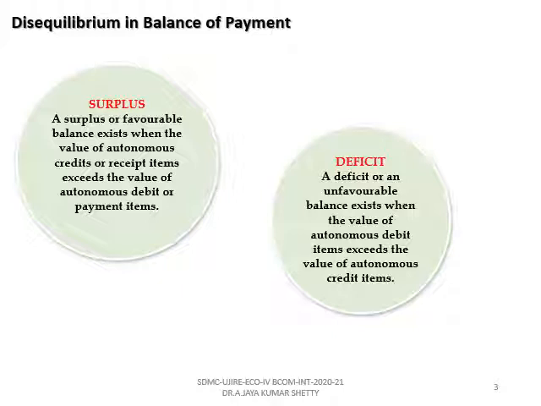On the other hand, a deficit in the balance of payment or unfavorable balance exists when the value of autonomous debit items exceeds the value of autonomous credit items. So, balance of payment disequilibrium may be either surplus or deficit. But deficit in the balance of payment is the most important problem faced by most of the nations of the world today.